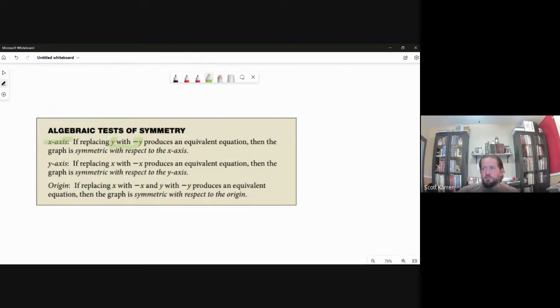So if I have something like, say, let's do this. So here's, and it's not even a function, it's just an equation, right? Because this is actually not going to be a function. It won't pass your vertical line test. But in place of this y right here, if I replace that y with negative y, so now it's not just y squared, but it's negative y squared plus 2 equals x.